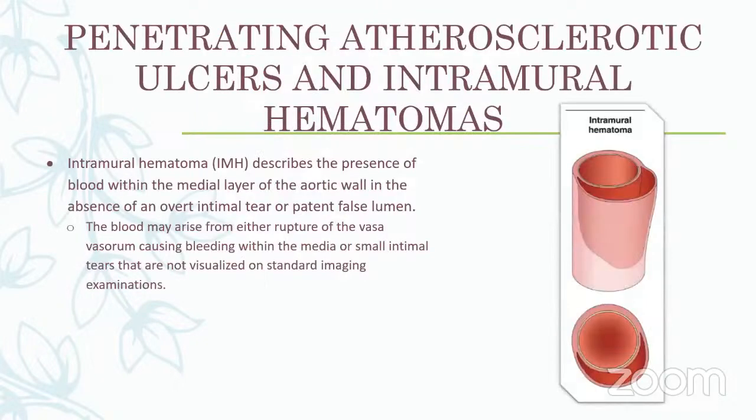Now, moving to penetrating atherosclerotic ulcer and intramural hematoma. What is intramural hematoma? Intramural hematoma describes the presence of blood within the medial layer of the aortic wall in the absence of an overt intimal tear or patent false lumen, and the blood here may arise from either rupture of the vasa vasorum causing bleeding within the media or small intimal tears that are not visualized on standard imaging examination.